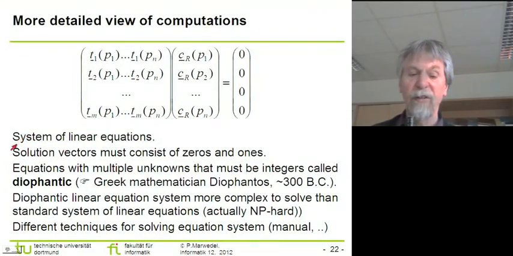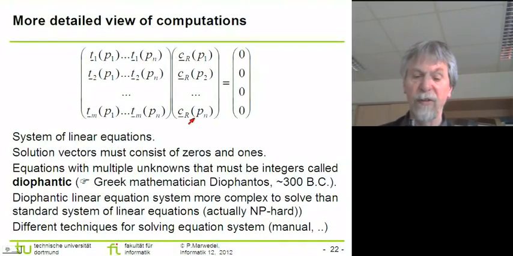However, there is one additional constraint that we have to take into account when we look at this system of linear equations. These characteristic vectors must contain only ones and zeros, and that's a really tight constraint. That's a constraint that's usually not considered when we look at sets of linear equations.